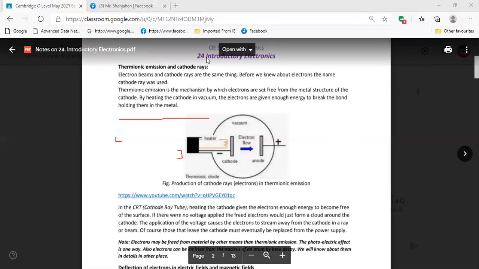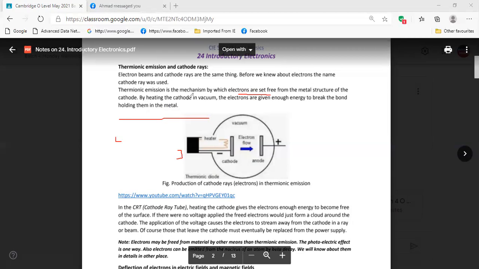Look, here we said already thermionic emission. You already wrote it, right? Thermionic emission is the mechanism by which electrons are set free from the metal structure of the cathode.